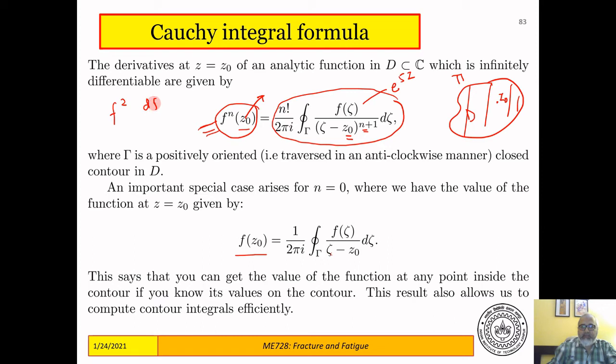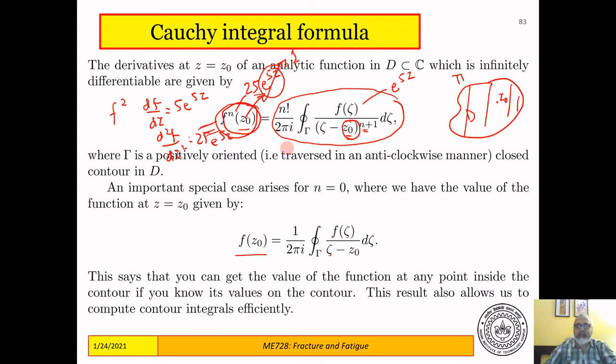df dz is 5 e to the power 5z, d square f dz square is 25 e to the power 5z. But it is evaluated, remember, at z0. Z0 we have taken as 0, so the exponential goes to 1, so this is 25.